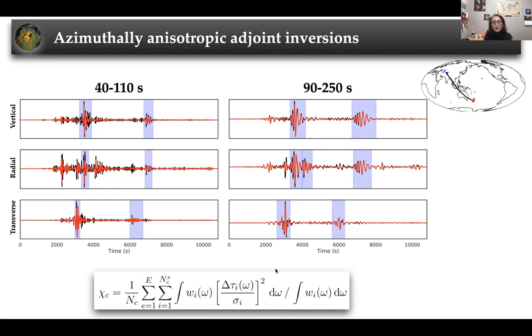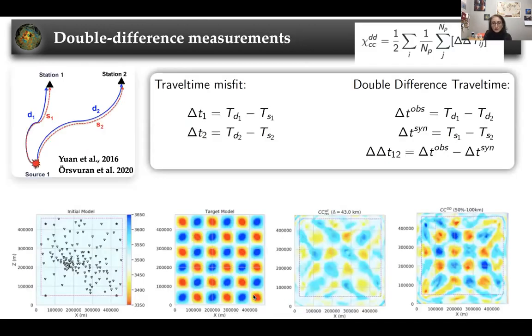We have been using frequency-dependent multi-taper measurements as our misfit function. But in this study, we changed our misfit function a bit, and we started looking at double difference measurements. Rather than looking at the misfit between observed and synthetic at a specific station, we look at the cross correlation of the synthetic and observed data between neighboring stations, and then we look at the difference between the differential observed and synthetic data.